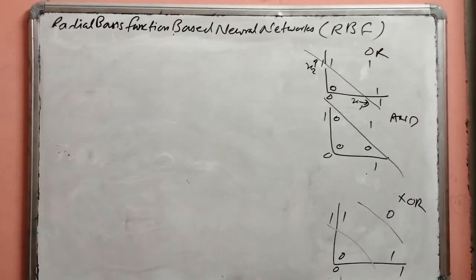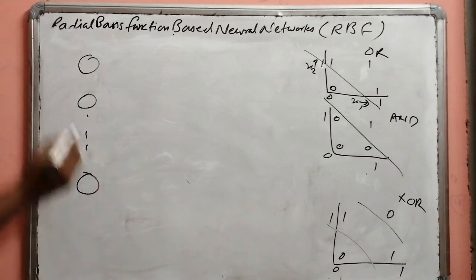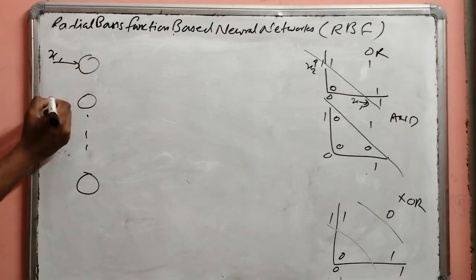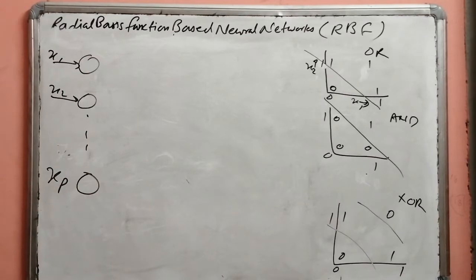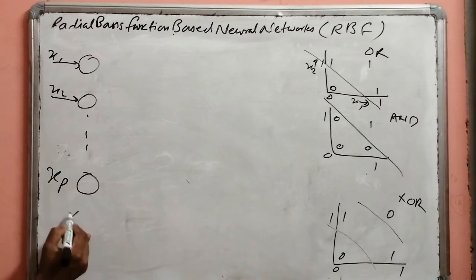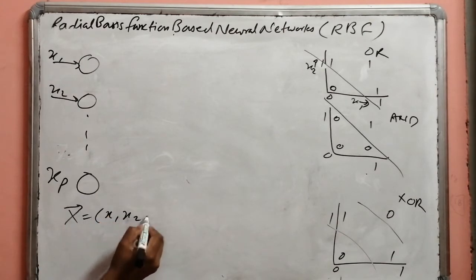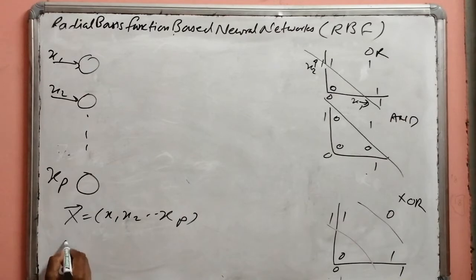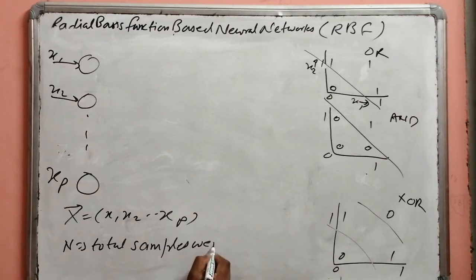Suppose earlier we were having the input layer of any neural network containing p number of features x1, x2 up to xp, as we have already assumed that our input vector was of p features, and let there be n total number of samples, distributed over p number of features.